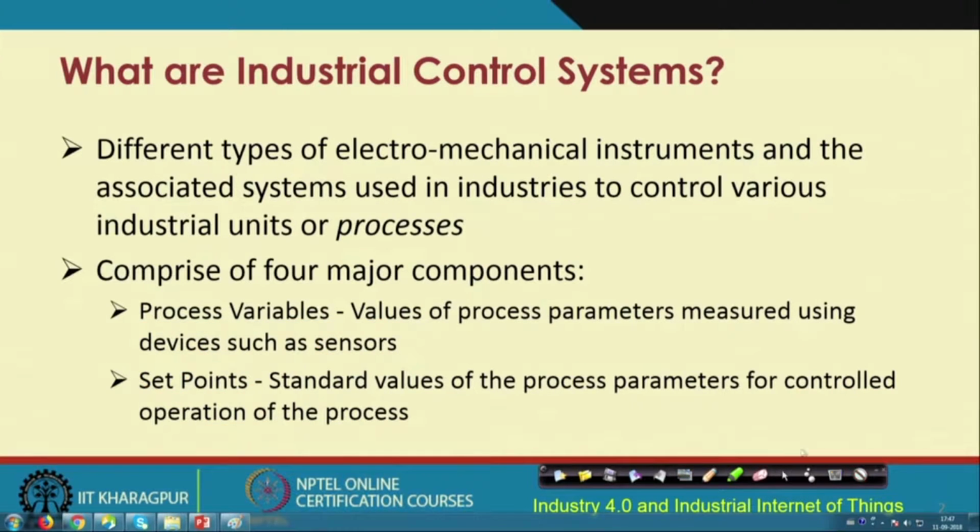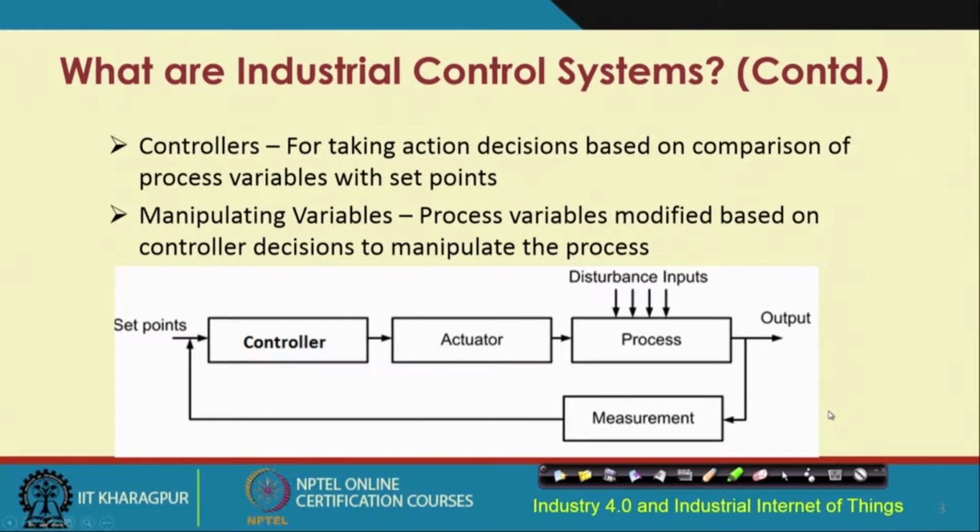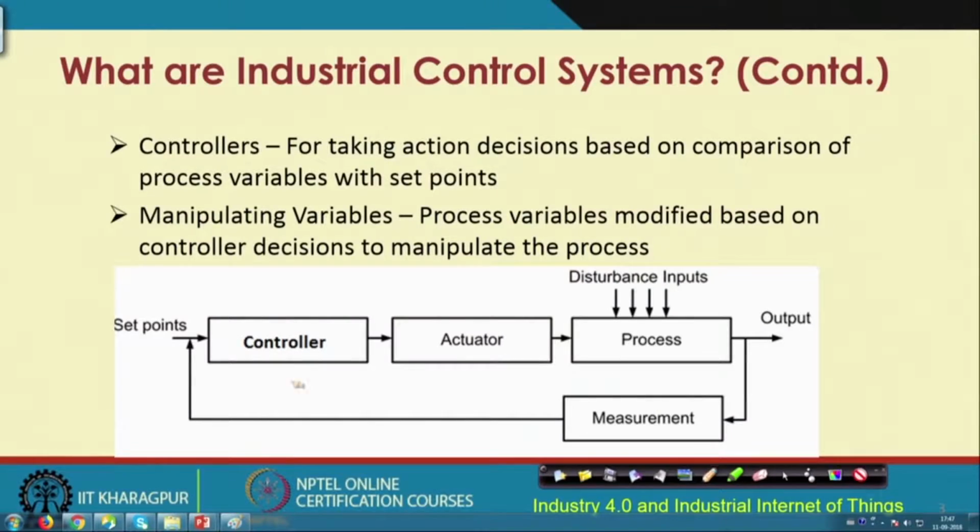Next comes the concept of the controller. So, the controller basically takes certain actions, right. So, based on the process variable, based on the set point value and so on, it takes certain decisions or actions, and it compares the process variables with the set points before it takes the action. So, this is what this controller does, and this is what you see in this picture as well. So, we have this controller, we have the actuator, the process and the measurement, right.